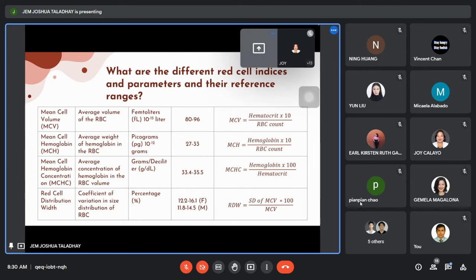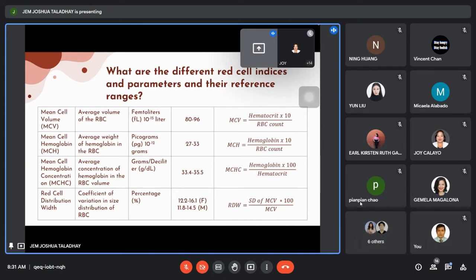Next is the mean cell hemoglobin concentration, or the MCHC, which is the average concentration of hemoglobin in the RBC volume. It is expressed as grams per deciliter, and the normal range is 33.4 to 35.5. It is calculated as hemoglobin multiplied by 100 over the hematocrit count.